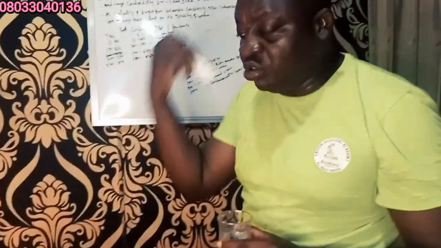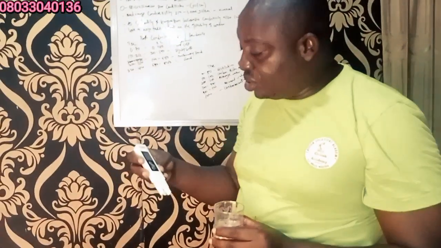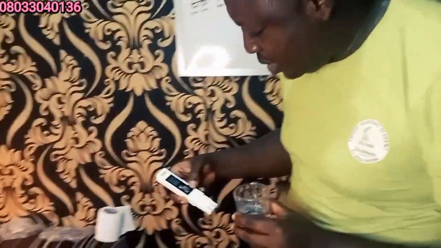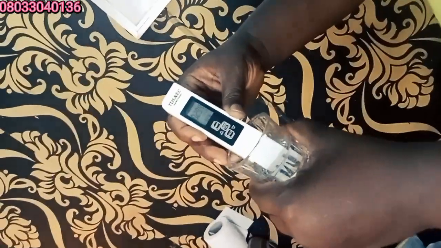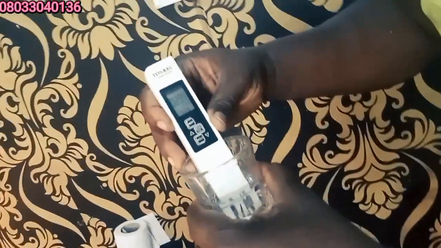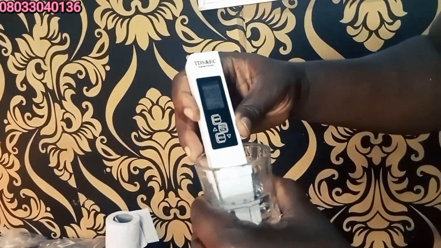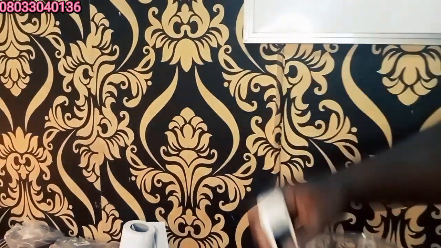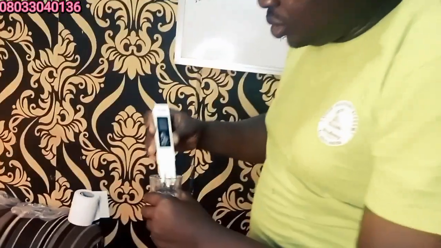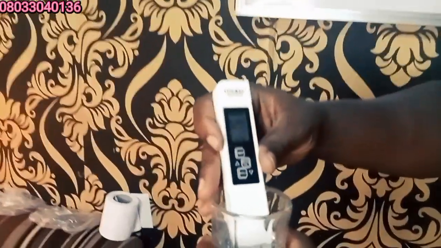To get a result, you need to remove the water from the electrodes. So this is the water conductivity, and by the time I input it here, it tells me I have 294.